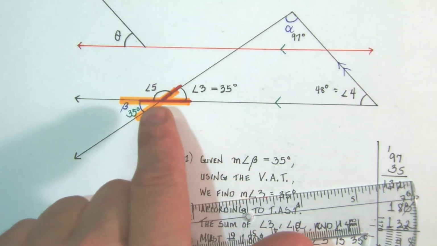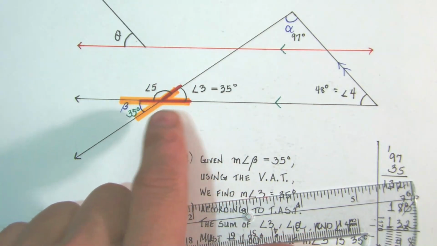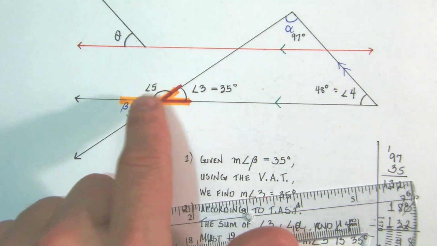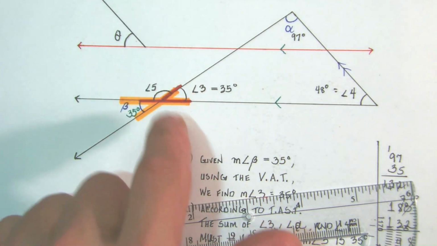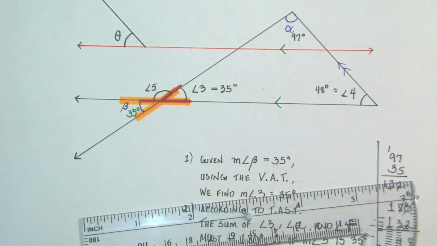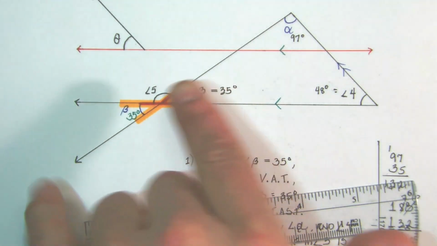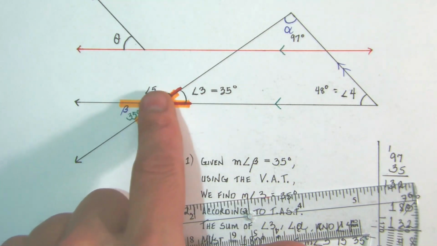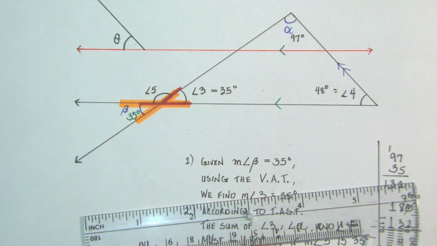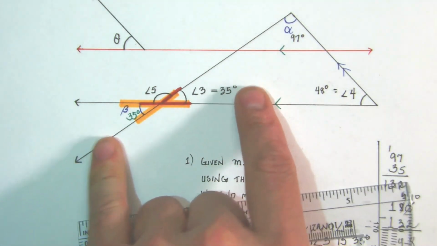They also meet the definition of the subset of supplementary angles called linear pairs because they share a common side here, and they are adjacent to one another. So they are a linear pair. A linear pair is just a type of supplementary angle. Notice also that beta is supplementary to and linear pair to angle 5. So these are both 35 degrees, so that makes sense.